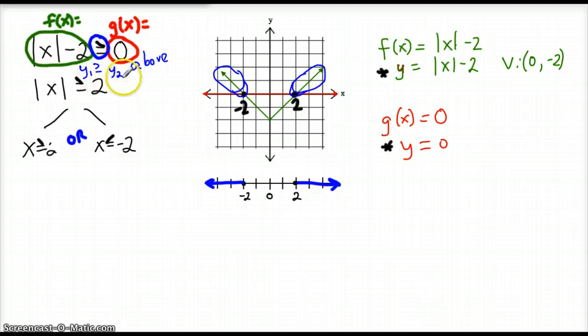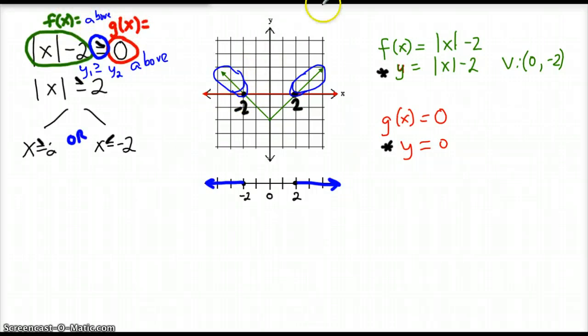And so when we're solving this for x, it means for what values of x, what x's make this true? What x's make this y above this function's graph?